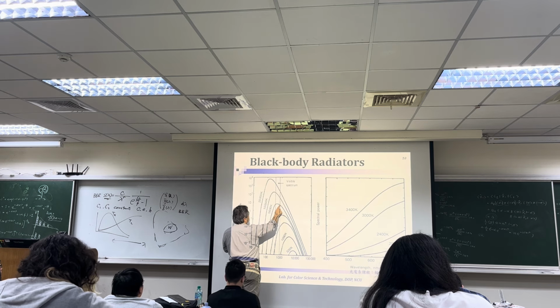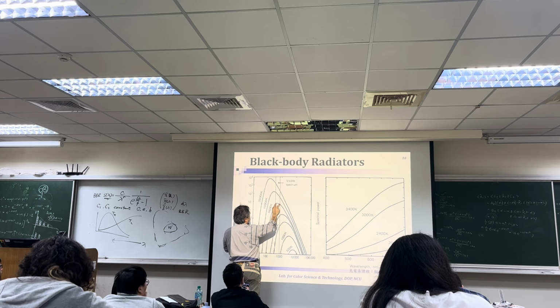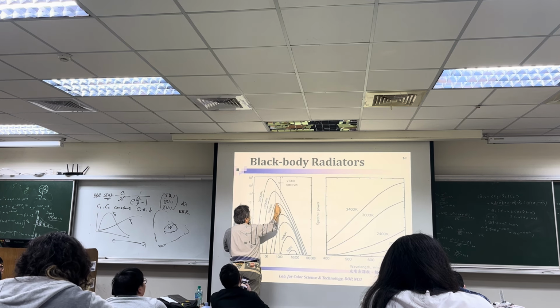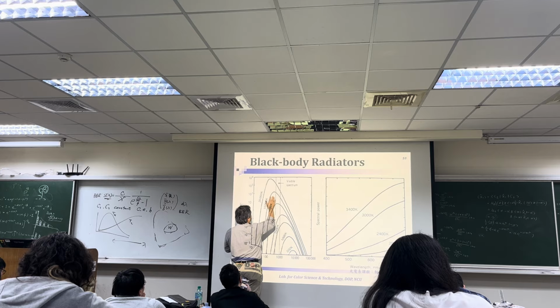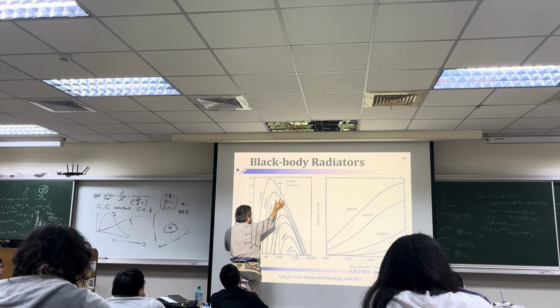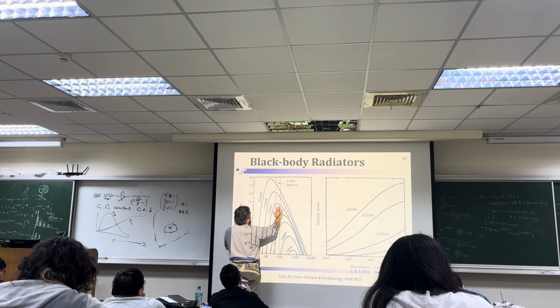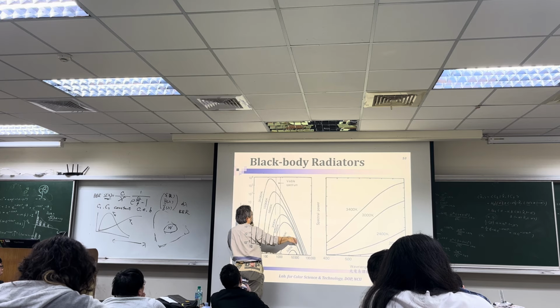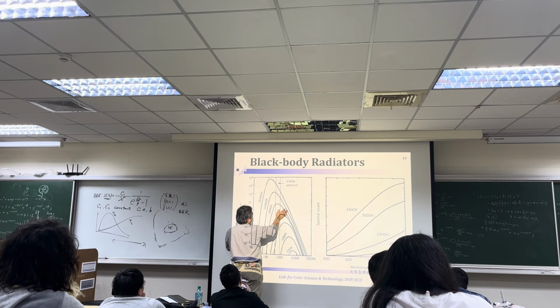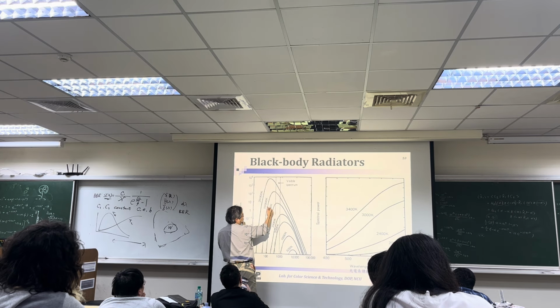And when the temperature of the object goes higher than 7,000 K, you will see our visible band move to the right side of the emission spectrum. So the slope will be changed.